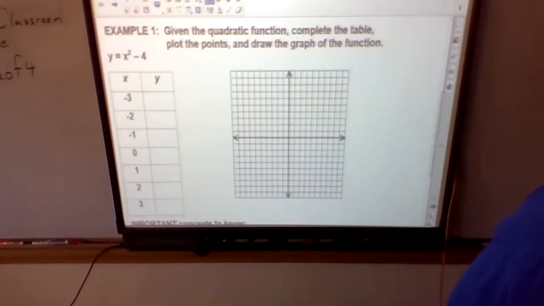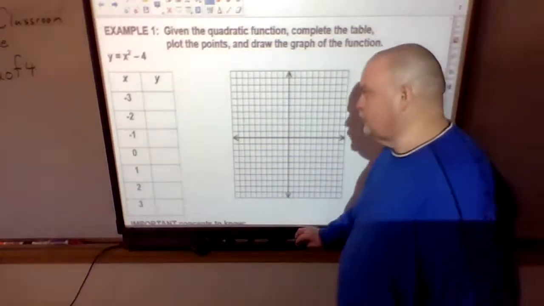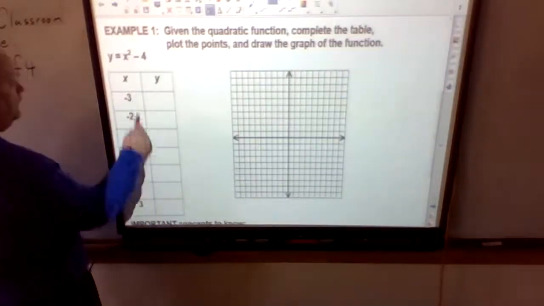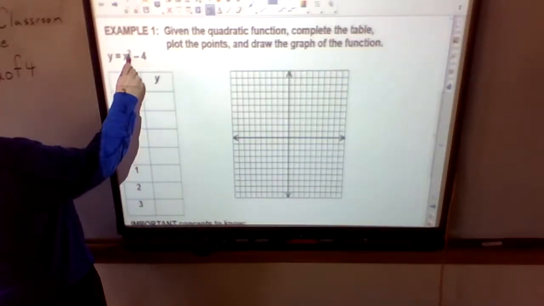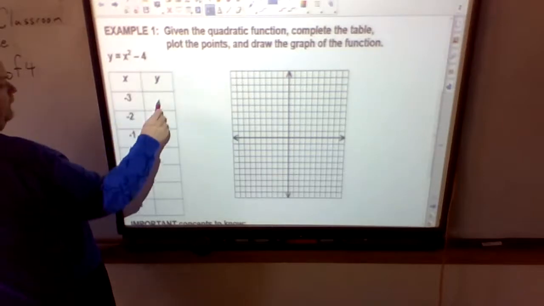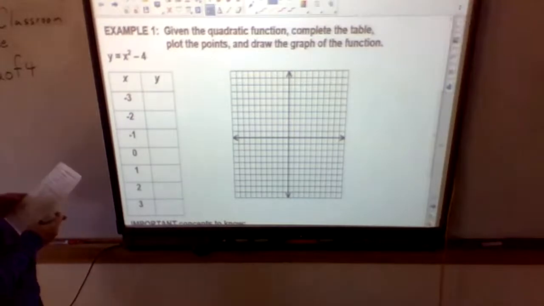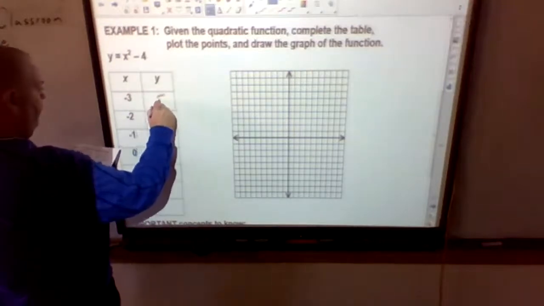Example 1 says, given the quadratic function, complete the table, plot the points, and draw the graph of the function. So what I'm going to do here is take my input values, put them into x, and then solve to get my output. So negative 3 squared is 9, minus 4 is 5.